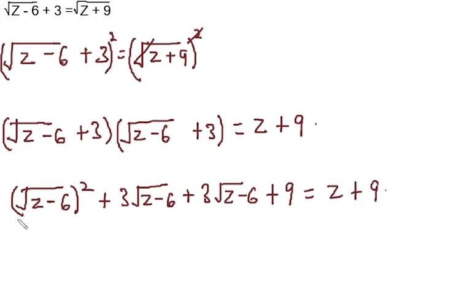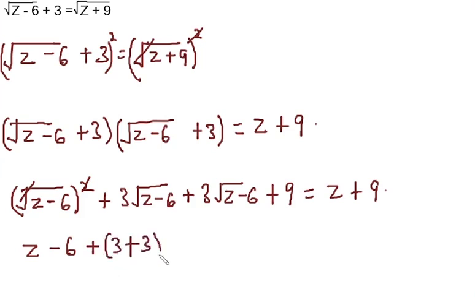So if I'm simplifying this, the square root cancels out the square. So I have z minus 6. And then from here, I note that 3 square root of z minus 6 plus 3 square root of z minus 6 can add up to each other. Why? Because they have the same radicals. So this is plus 3 plus 3.